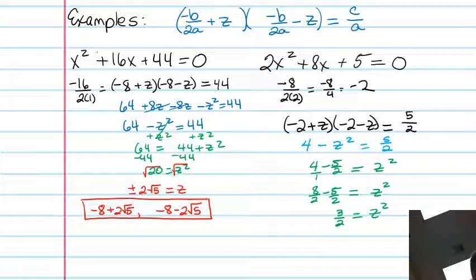Then I'm going to square root both sides, and I get the square root of 3 over the square root of 2. Now I'm going to rationalize that because I know that's what you have to do. So the square root of 2 times the square root of 2, that's going to give me the square root of 6 over 2.